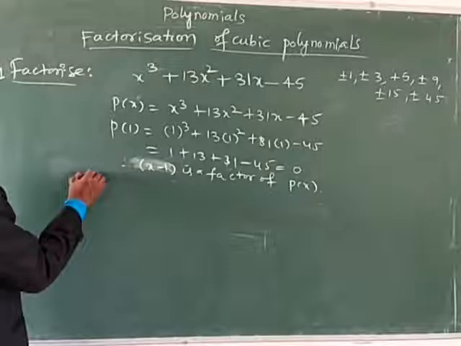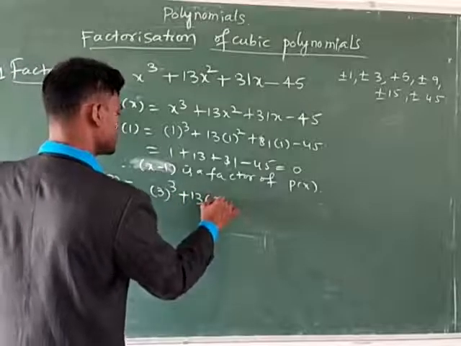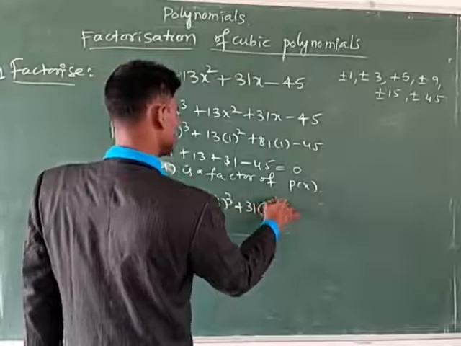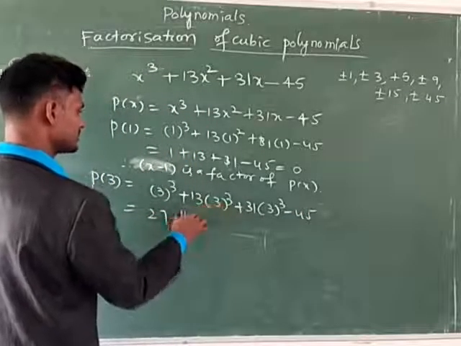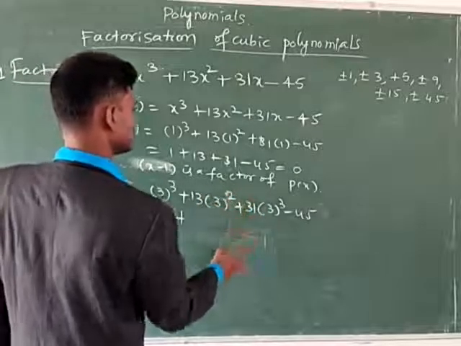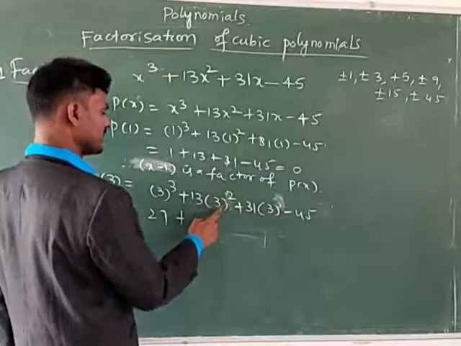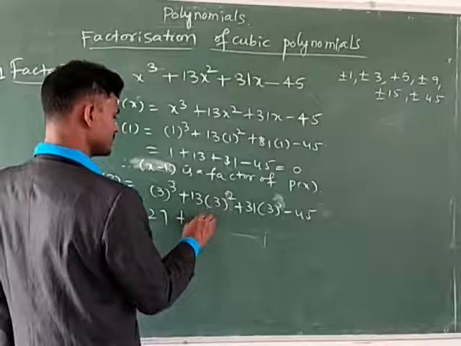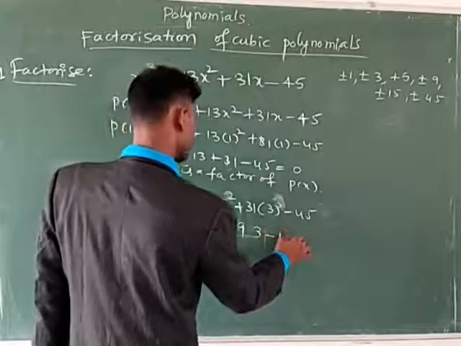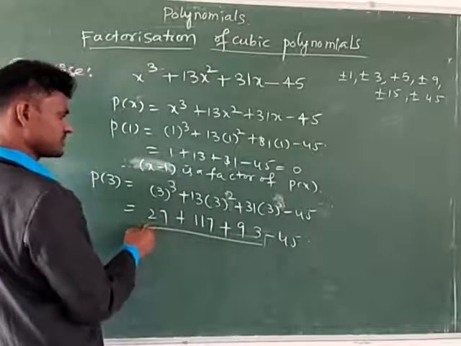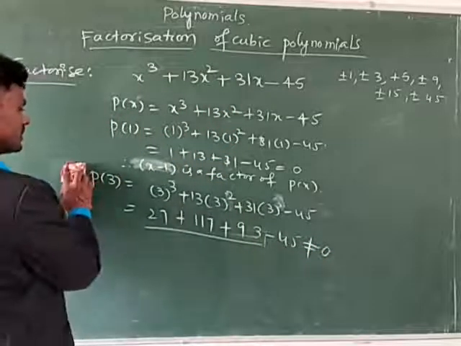Now check p of 3: 3 cube plus 13 into 3 square plus 31 into 3 minus 45. 3 cube is 27, plus 13 into 9 is 117, plus 31 into 3 is 93, minus 45. The positive is greater than the negative, so this is not equal to 0. This is also not possible, so you can leave it.